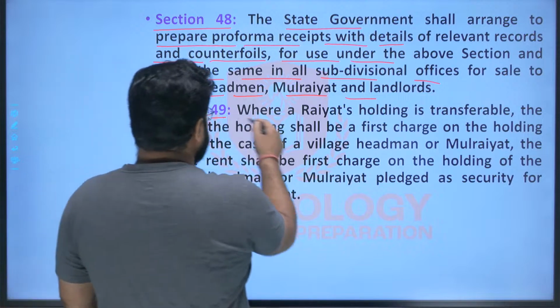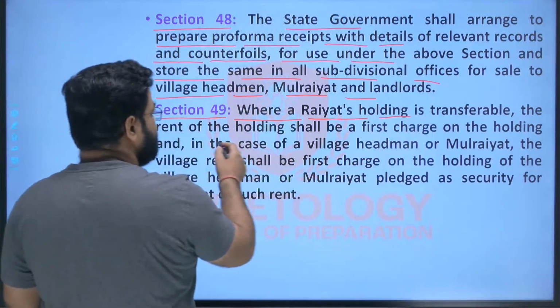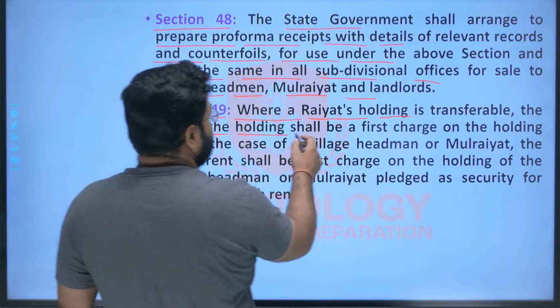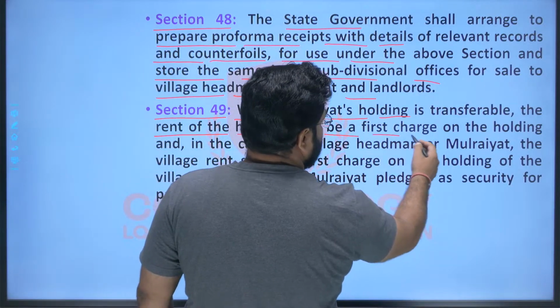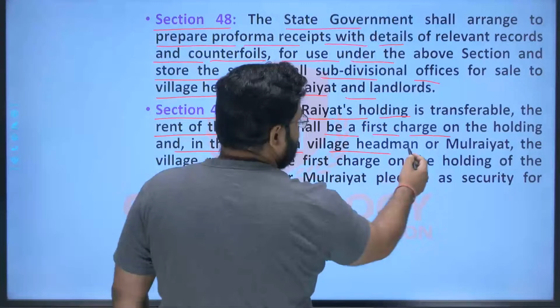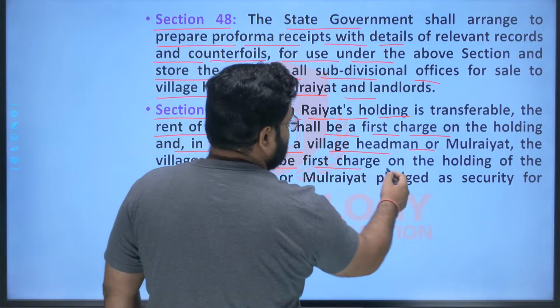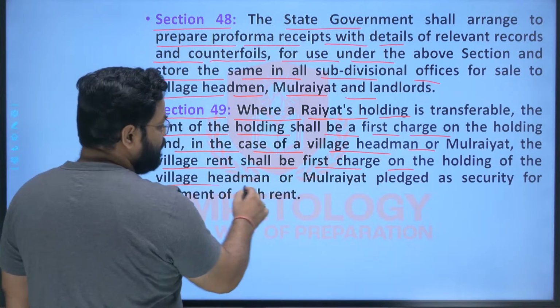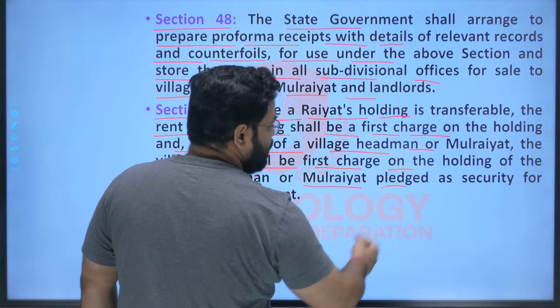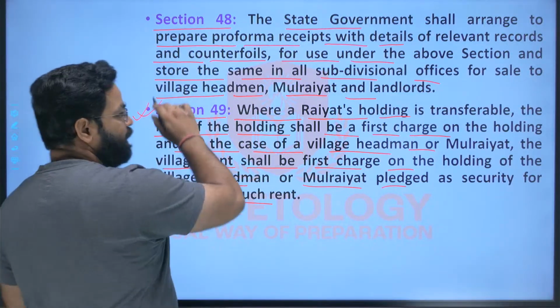Section 49 says that where a Rayyat holding is transferable, the rent of the holding shall be first charged on the holding, and in the case of the village headman or the Mool Rayyat, the village rent shall be first charged on the holding of the village headman or the Mool Rayyat, placed as the security for the payment of such rent.